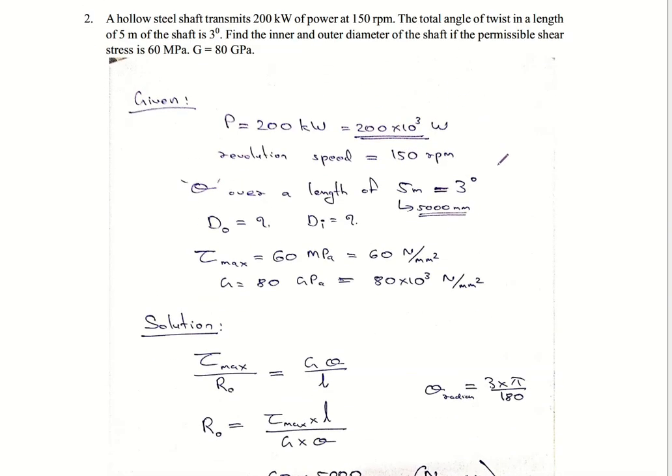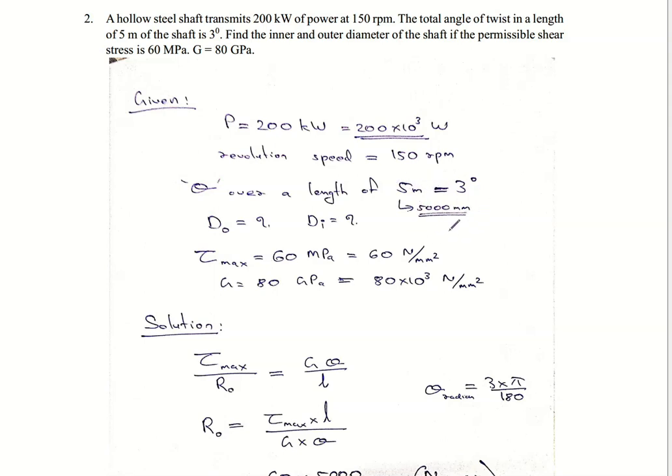In this case, in the beginning itself, I'll be converting all the units to basic units, that is to Newtons or Newton equivalents and millimeters. So power, I will be taking it as 200 into 10 raised to 3 watts. I will remove the kilo here. Speed in RPM itself. Then theta is given in degrees. Remember, to use it in calculations, we will have to convert it into radians. And the length is given as 5 meters.